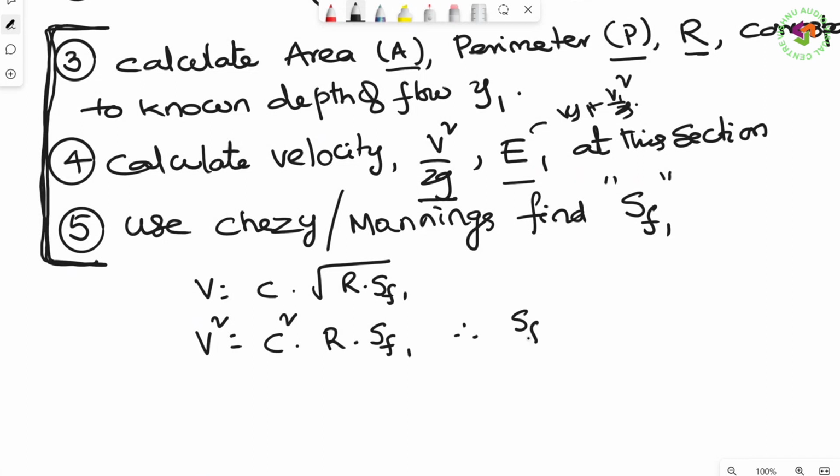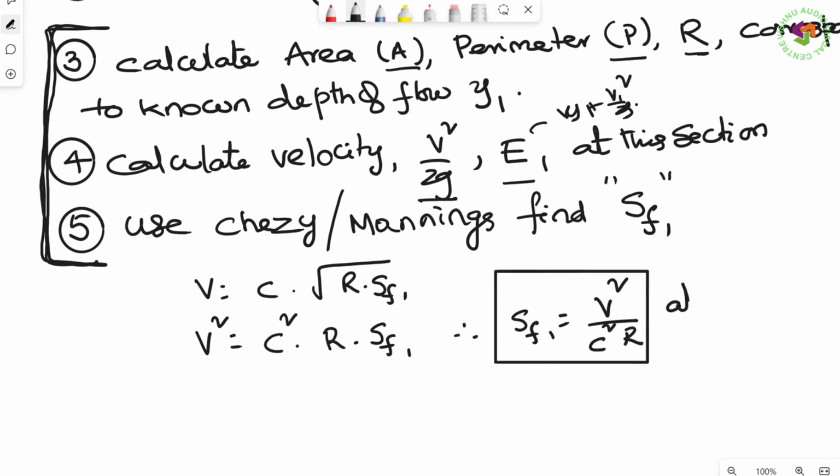Therefore, Sf1 is equal to V square by C square R. Or if you want to use V is equal to 1 by n R to the power 2 by 3 Sf1 to the power of half, again square both sides.